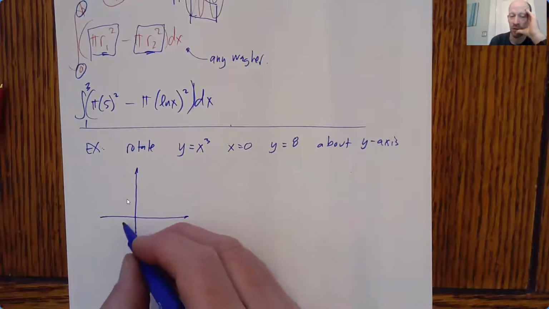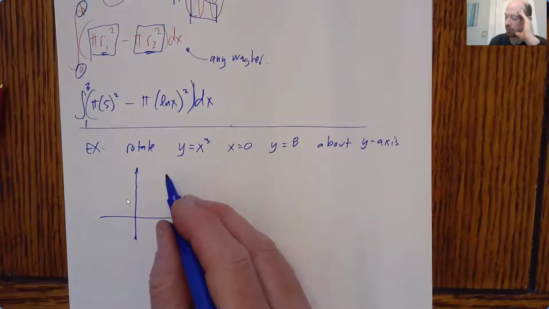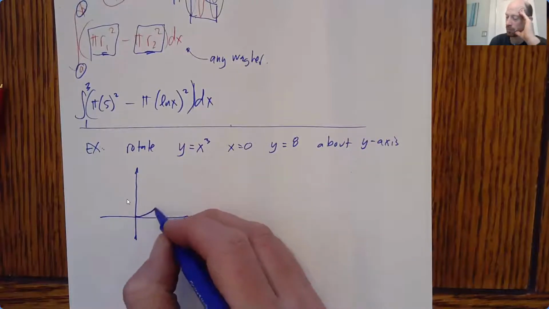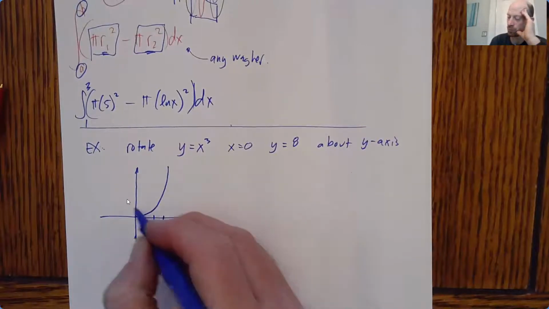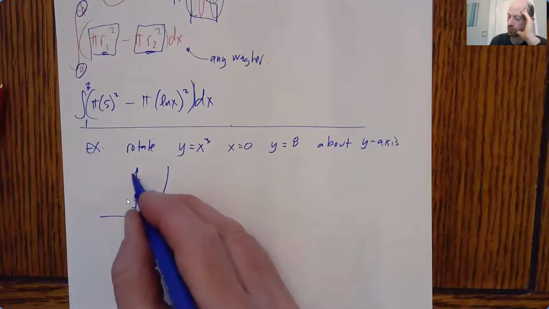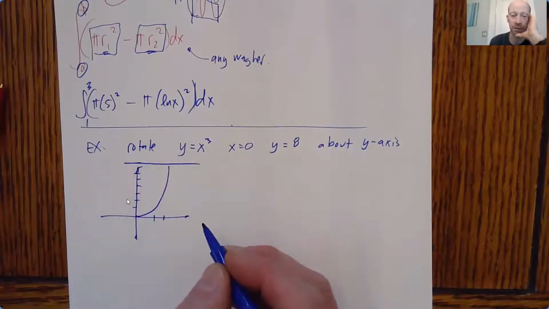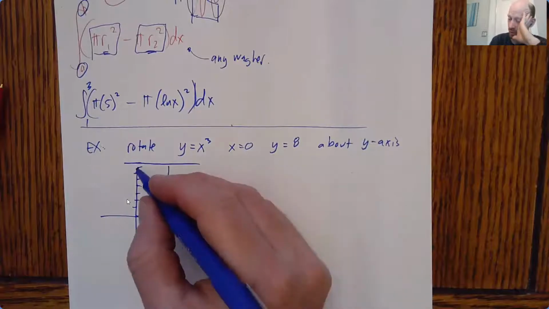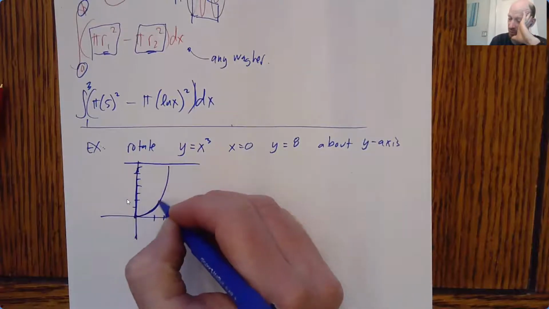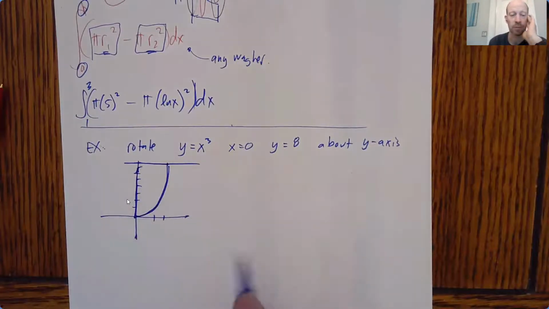So y equals x cubed looks like this. There's y equals 8, and there is x equals 0. So this is my region that I'm working with.